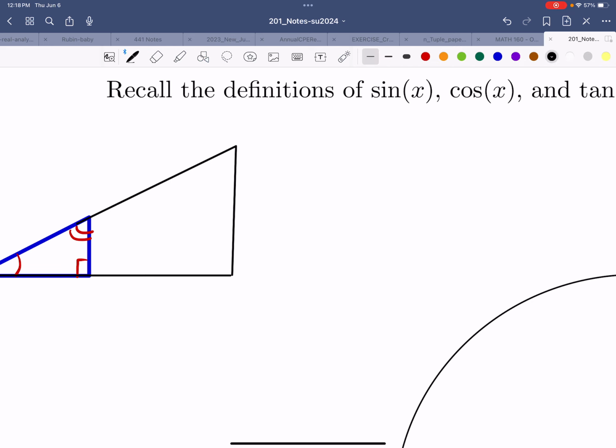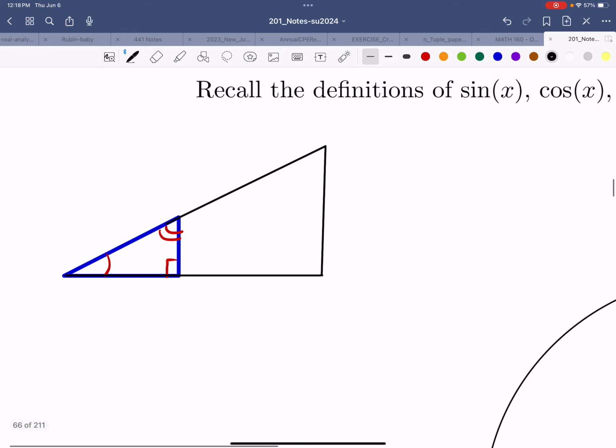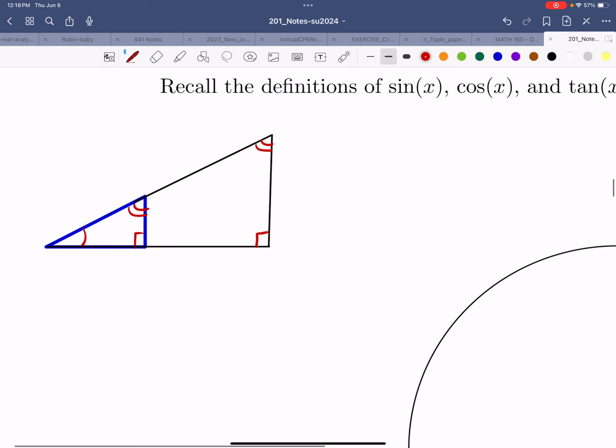So anyway, suppose that we have these two triangles, the blue triangle and the black triangle. Now note that the angles in the black triangle are exactly the same as the angles in the blue triangle. The side lengths clearly are not the same, but the angles are the same. So we say that the black and the blue triangles are similar. They are similar triangles. Now, one thing we might remember from geometry class is that the side lengths of similar triangles are proportional.